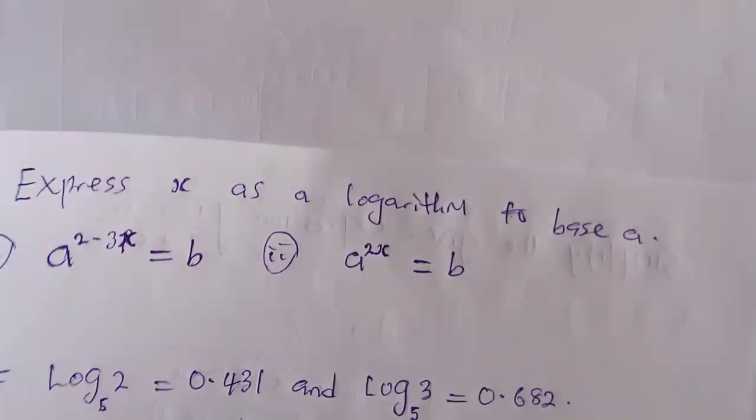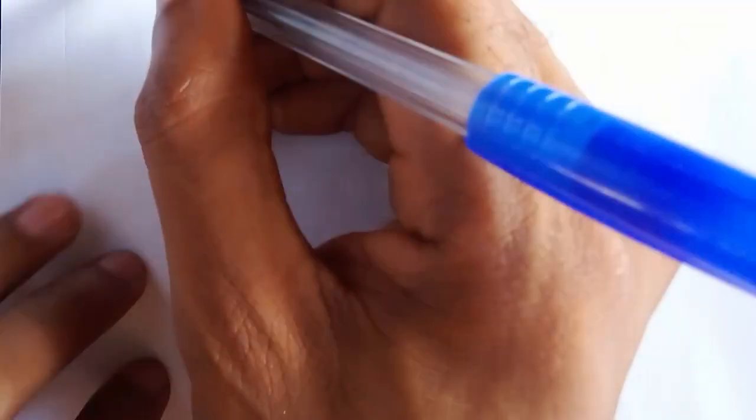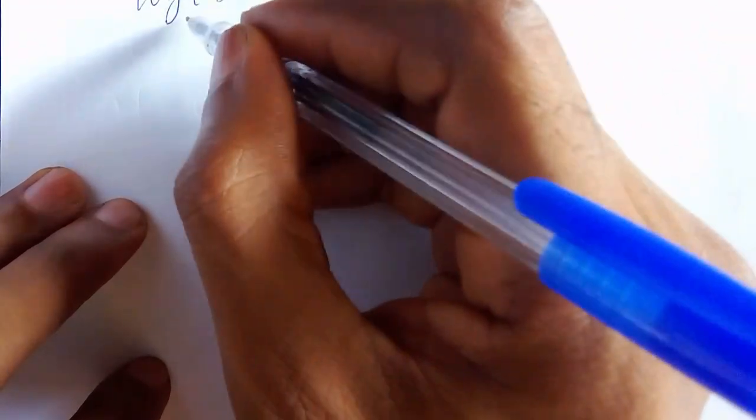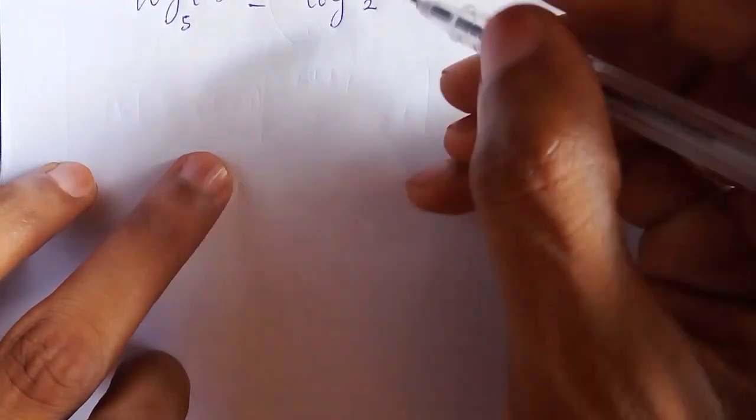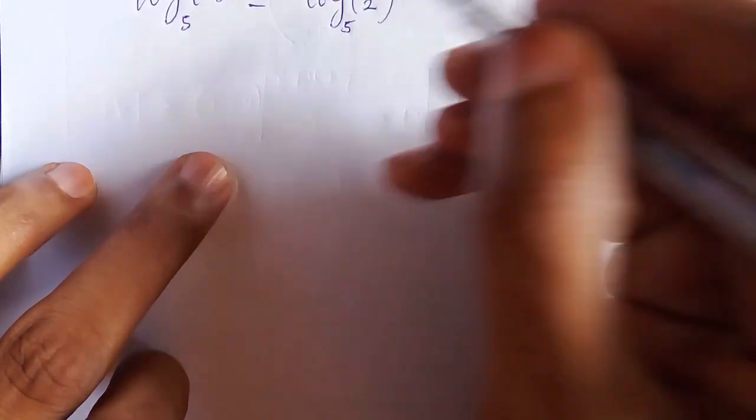To do this, we have that log 1.5 base 5 is equal to log of 1.5, which is the same thing as 3 over 2, base 5.